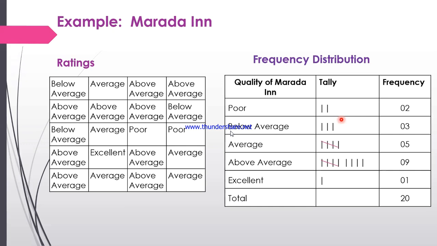So overall, we cannot make a claim about the quality of their accommodation. If 80% or 90% rated it so, we could say overall the quality is very good or excellent.